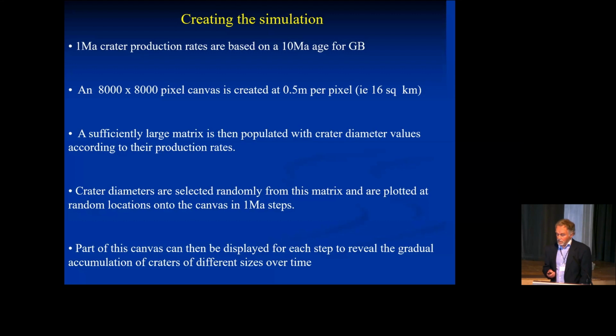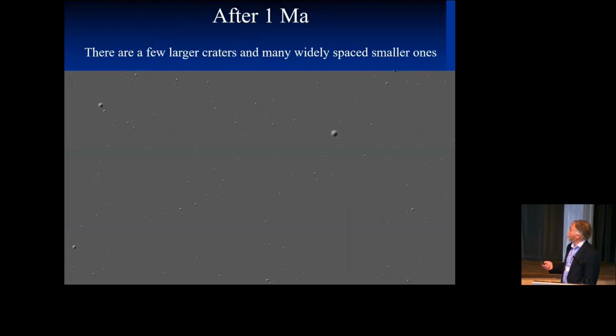Then I have a sufficiently large matrix to accommodate all the craters across the diameter range, so we can pick the numbers from there. The crater diameters are then selected from this matrix randomly and then plotted at random locations onto the canvas in 1 million year steps.